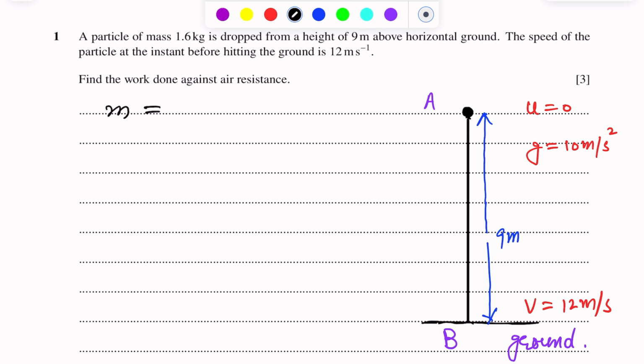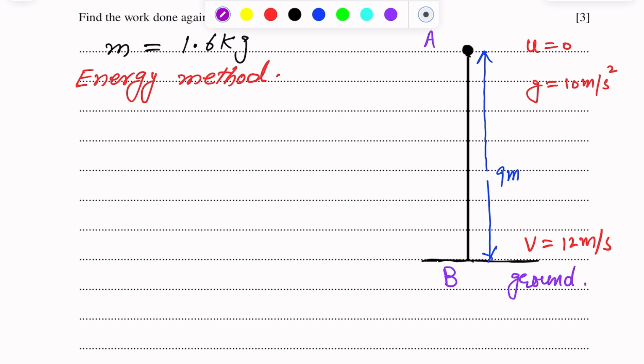Now we use the energy method here, work, power and energy. I am using a short form of this formula.